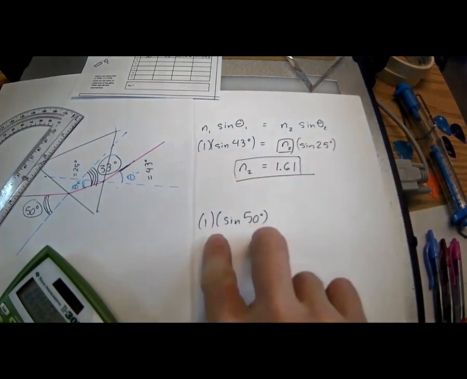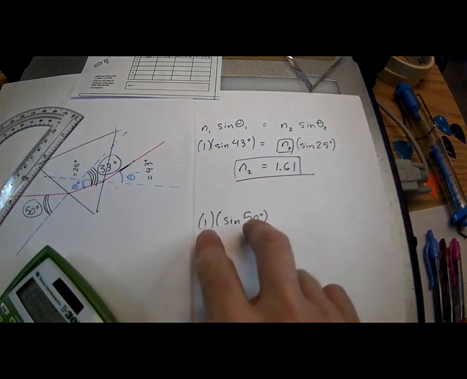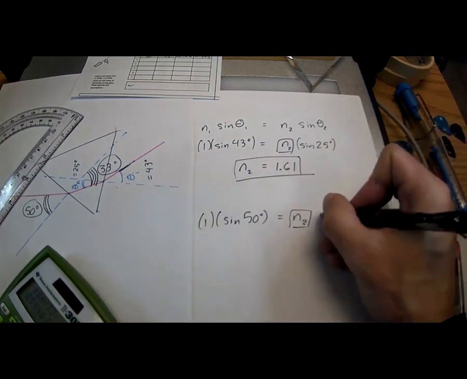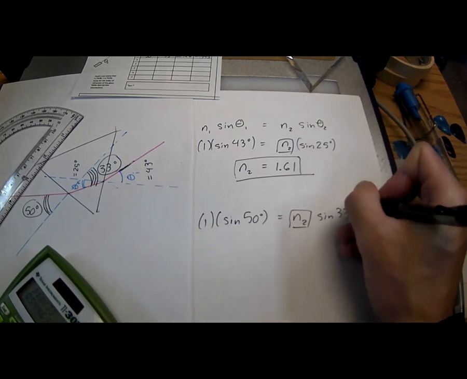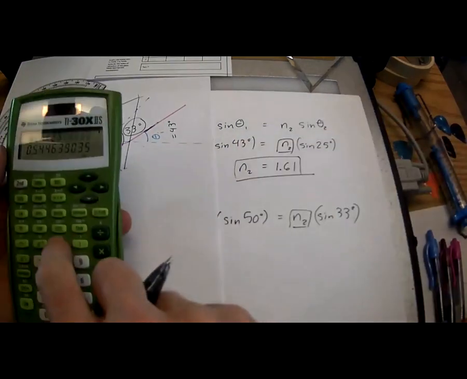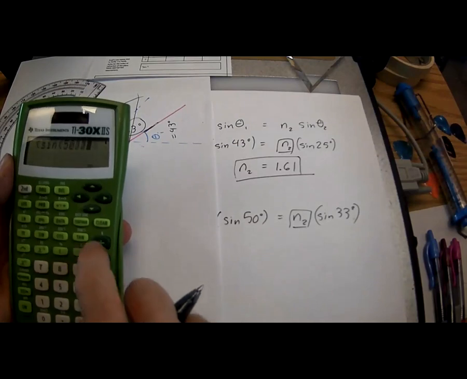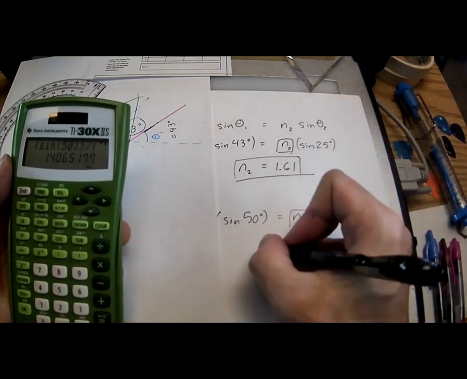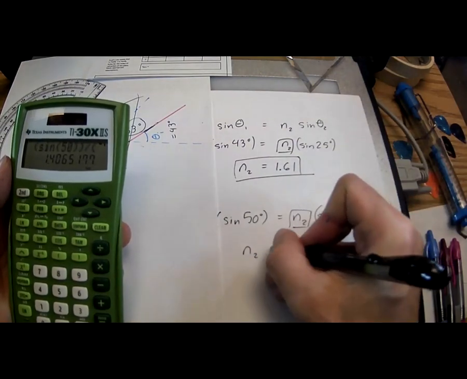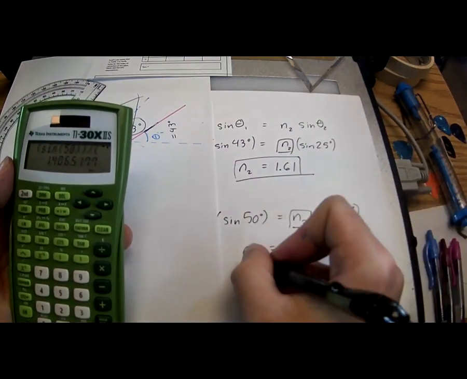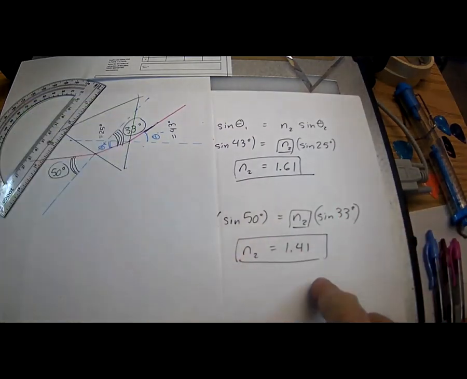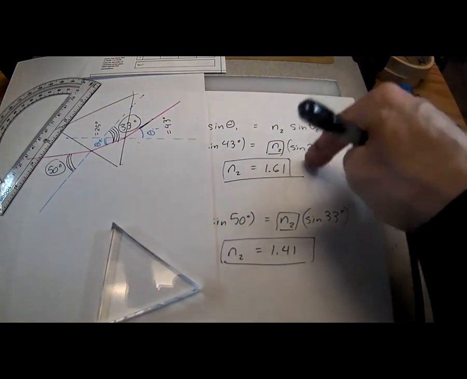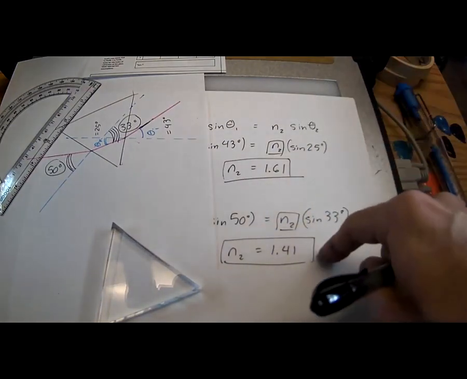Now 1 pairs up with the 50 degrees because that's on the side of the air, is equal to n2 times sine of 33 degrees. So what is sine of 50 degrees divided by sine of 33 degrees? That is 1.41. Okay, remember I said this usually comes out to about 1.5, right? Well, one way we've measured is a tad above it. One way is a tad below that number.